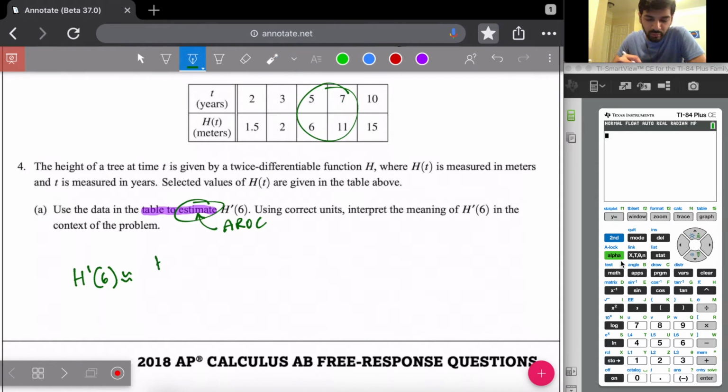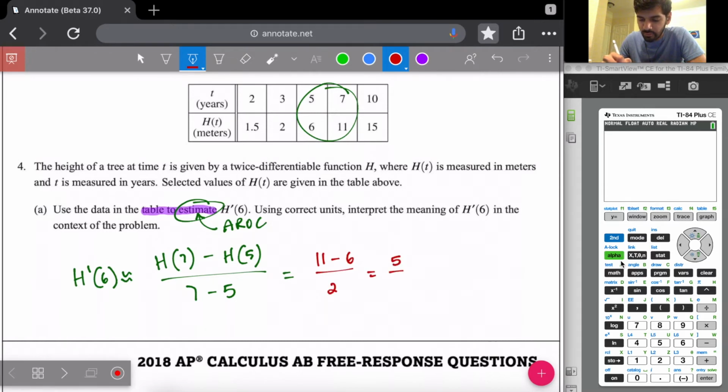So here it's approximately equal to h of 7 minus h of 5 over 7 minus 5, which is the same thing as we just plug in our values, 11 minus 6 over 2, which is the same thing as 5 over 2.